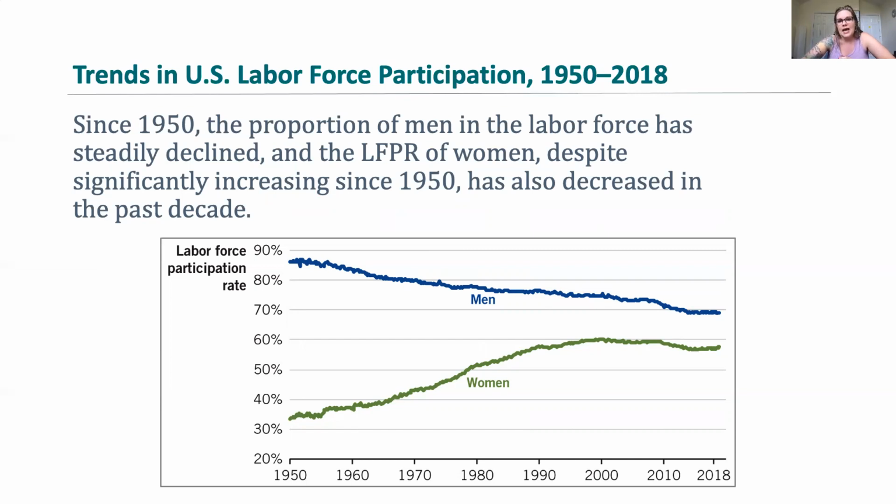What's happening is that, first of all, many more women began entering the workforce over the last 50 years. Not only are women working more and more, which is increasing our labor force participation rate, which went from about 37% in 1960 to 60% today, but the male labor force participation rate is falling.